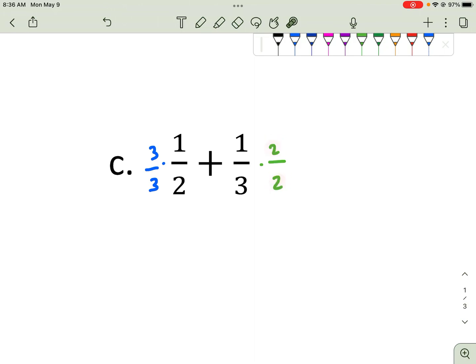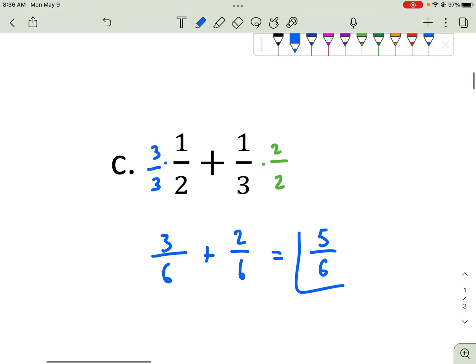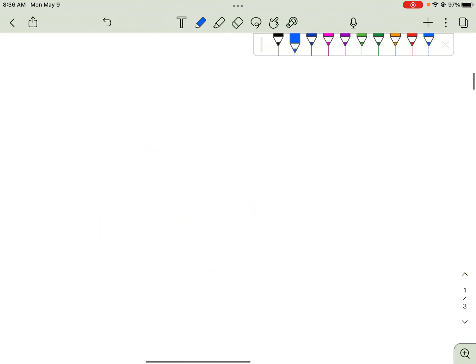Over here, I'm multiplying this fraction by 2/2, which is equal to 1. So our first fraction becomes 3/6. Our second one is 2/6. Now we can add 3/6 and 2/6 to get 5/6. So that's the process of finding a common denominator.